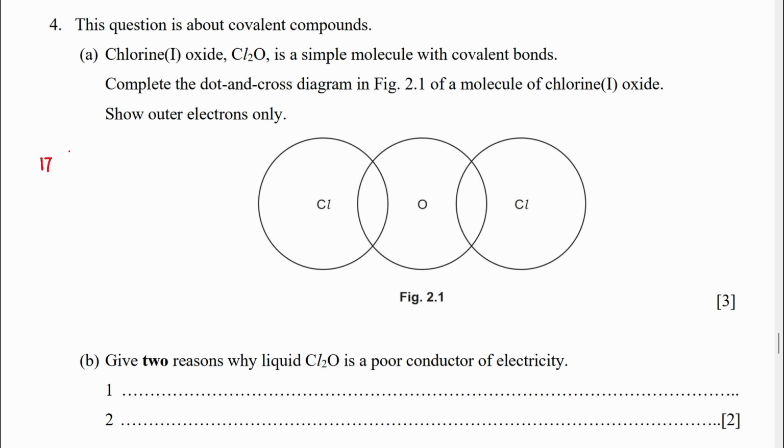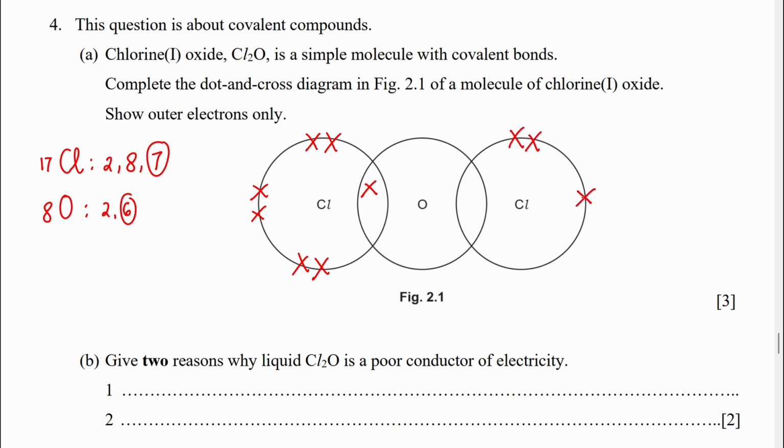So the electronic configuration is 2,8,7 and oxygen is 8, so 2,6. So we draw 7 electrons: 1, 2, 3, 4, 5, 6, 7, and the same thing with this chlorine in here, 4, 5, 6, 7, while oxygen is 6, right? So 1, 2, 3, 4, 5, and 6.